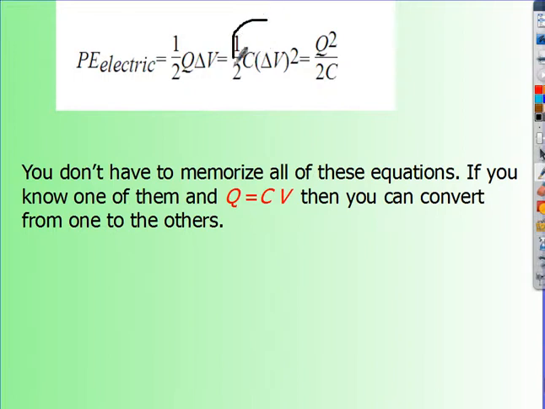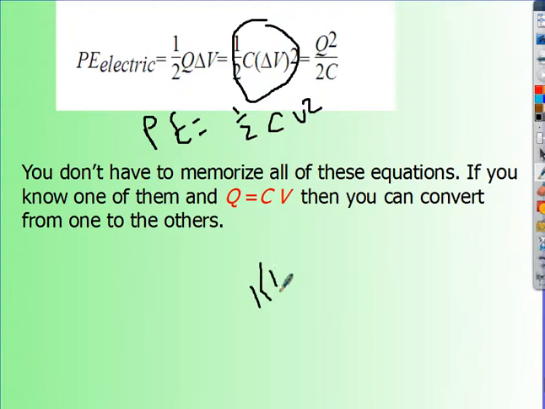I remember this one right here, that the potential energy is 1/2 CV squared, because this one reminds me so much of kinetic energy. Remember, kinetic energy is 1/2 mass times velocity squared. So you can see the parallels here. If you know one of them, you can always use Q equals CV to convert to the other two.